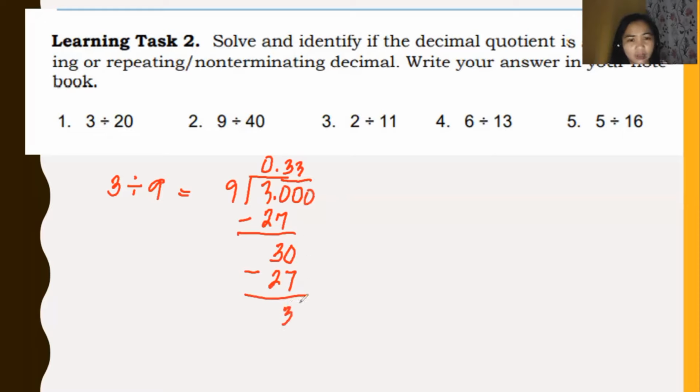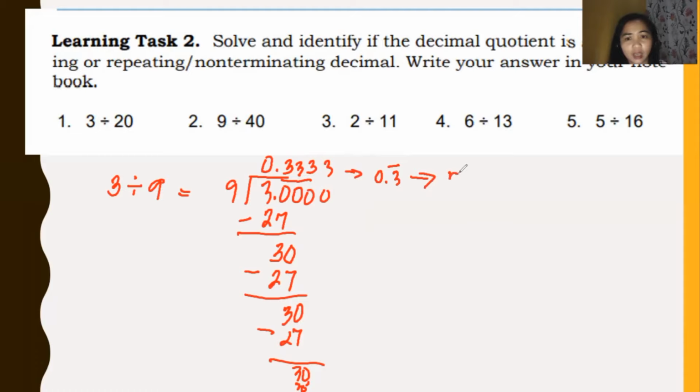Add another 0. 30 divided by 9 is 3. 9 times 3 is 27. Subtract 3. Add another 0. So kung mapapansin nyo, walang katapusan. Pwede ka na mag-stop kung ikaw yung naka 5 digit. So the answer is 0.3. May bar sign.